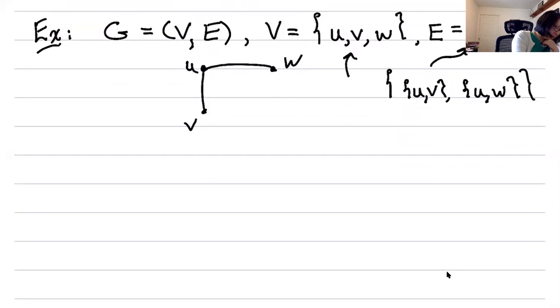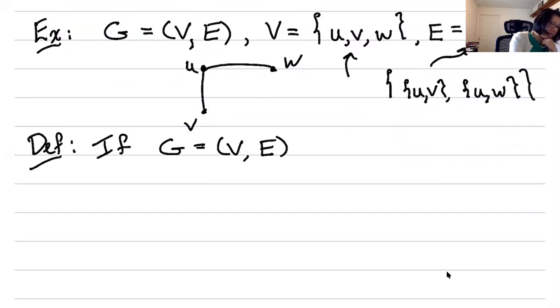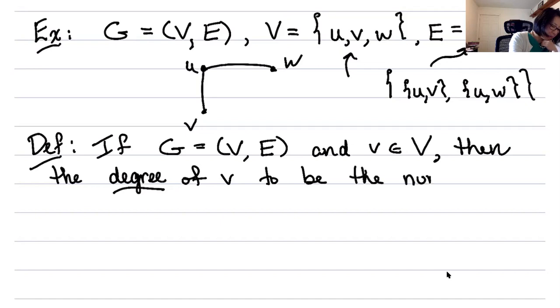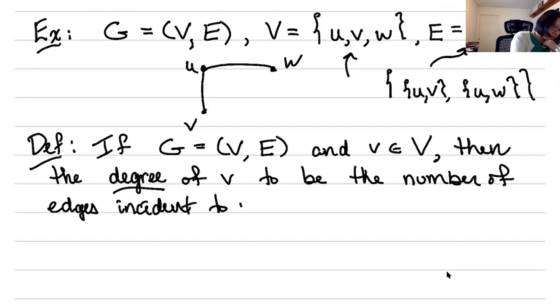Another important definition to know is that if G is a graph, so it's a vertex set and an edge set, and little v is a vertex in V, then we define the degree of v to be the number of edges incident to v.